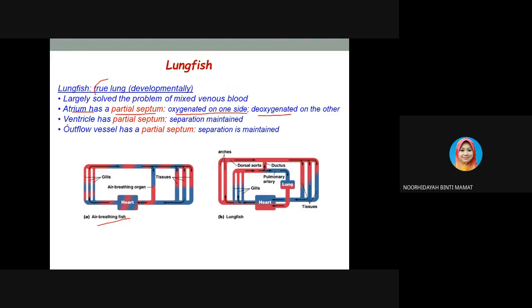The lungfish also have a ventricle that has a partial septum to separate the blood so the separation can be maintained. They also have outflow vessels with a partial septum, so this also maintains the separation of the deoxygenated and oxygenated blood. This is the evolution in the lungfish.